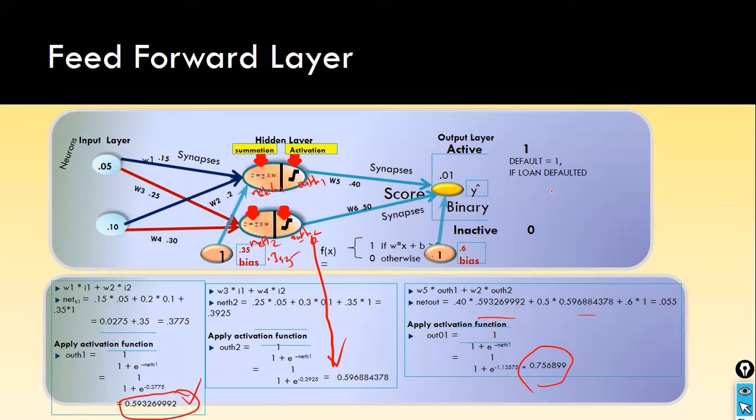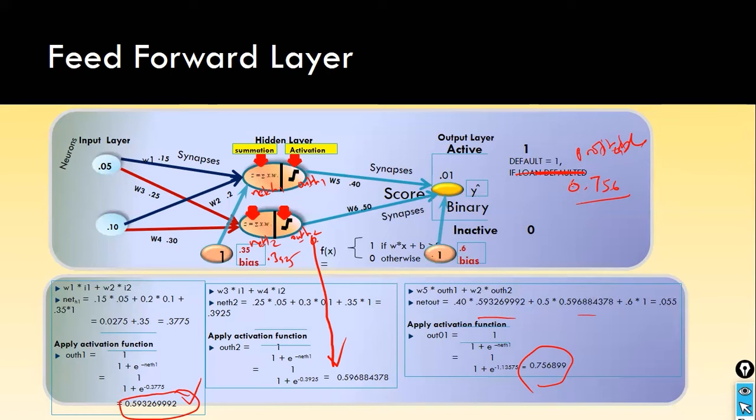This is the predicted value. There is a 0.75 probability this customer is going to be a profitable customer. Okay, instead of saying defaulted, profitable, as we are very particular about the profitable customer. The probability of the customer being profitable is 0.756.